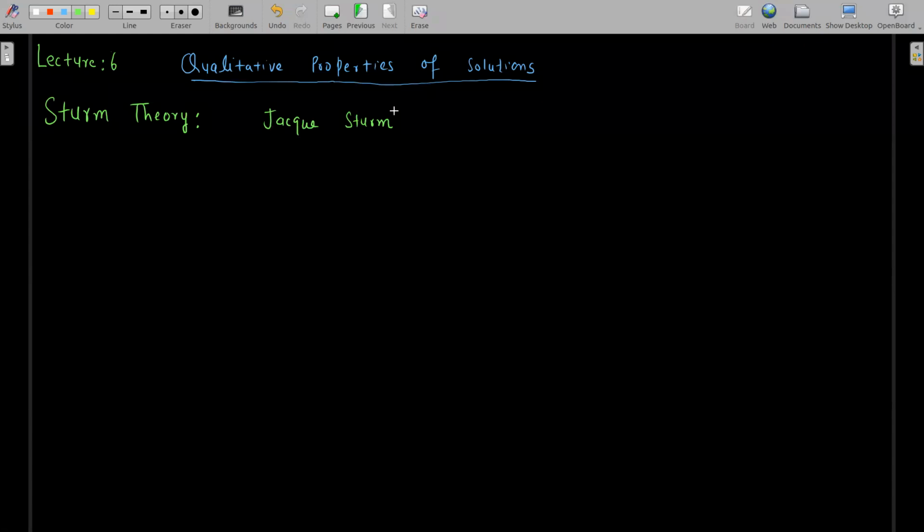So we have studied earlier that the Wronskian plays an important role, and we studied examples of linearly independent solutions for constant coefficient equations. But here we will see that the Wronskian also plays an important role in studying variable coefficient equations.